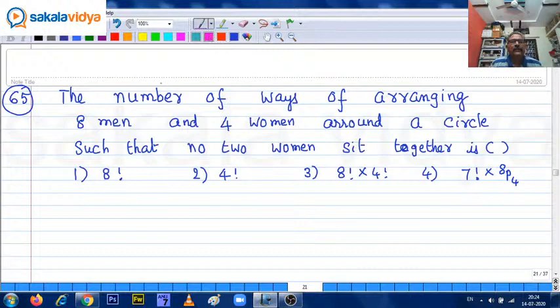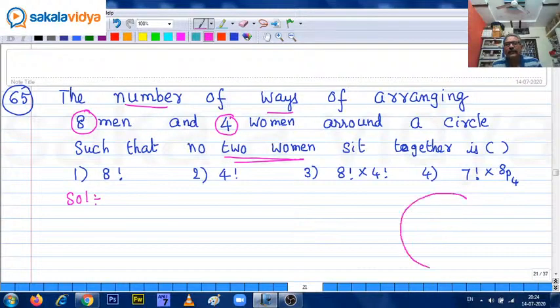So the number of ways of arranging 8 men, 4 women around a circle, no 2 women together. There is a condition on the women but not on men. First 8 men can be arranged. Directly we can write the solution.